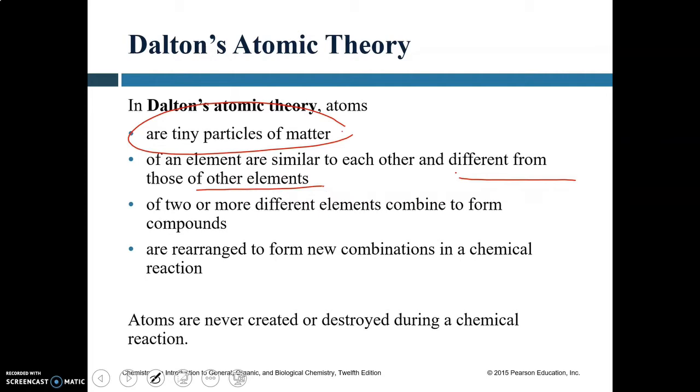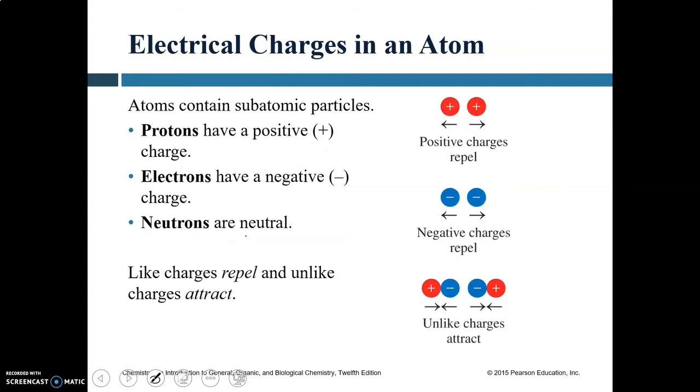When atoms of 2 or more different elements combine, they form compounds. And during chemical reactions, atoms are rearranged to form new compounds from old compounds. It's important to understand that atoms are never created or destroyed in the process of a chemical reaction.